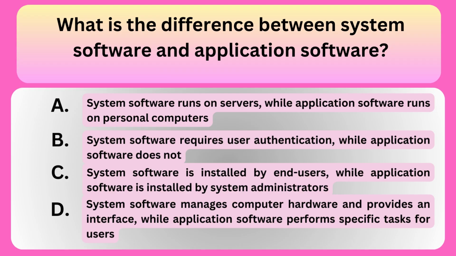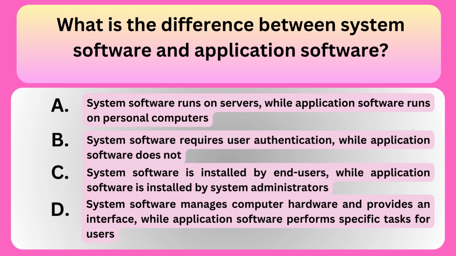What is the difference between system software and application software? System software runs on servers, while application software runs on personal computers. System software requires user authentication, while application software does not. System software is installed by end users, while application software is installed by system administrator.